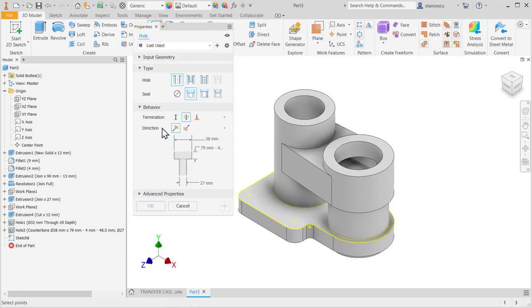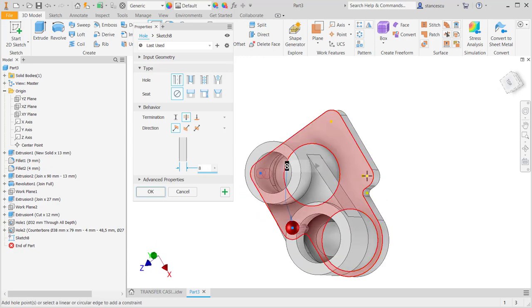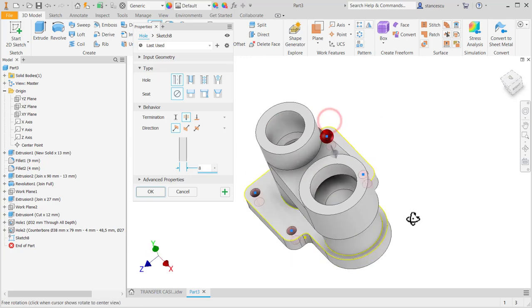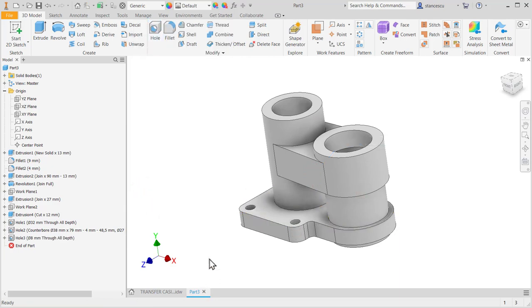Hole, no counter bore. In this point, 8. And then all I have to do is to point on points. Yes? Okay. Anything else?